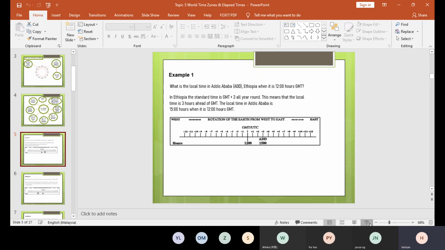Another one: what is the local time in Caracas, Venezuela on 1st August when GMT is 12 hours? The chart indicates that Venezuela standard time is minus 4:30, applying all year. The local time on 1st August is 4 hours behind GMT and is therefore 7:30 hours in Caracas when it is 12 hours GMT.